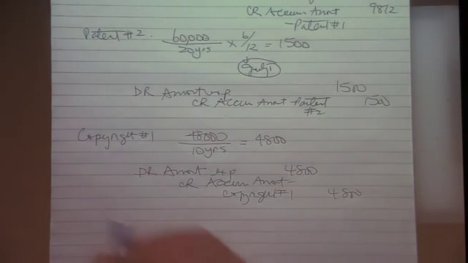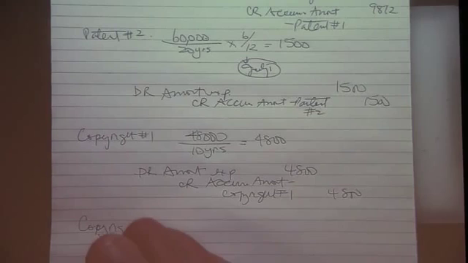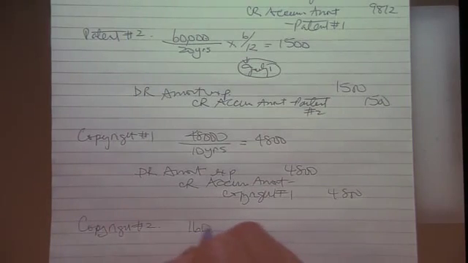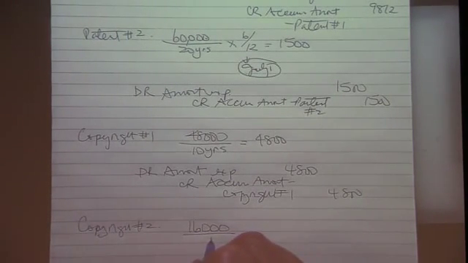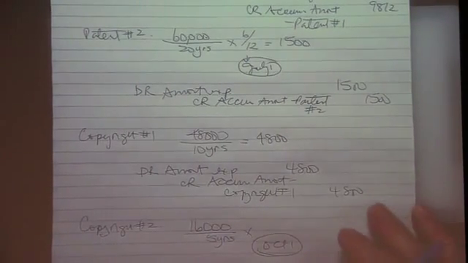And then finally, we've got copyright number 2. And copyright number 2 came about by October 1st purchased. So again, we need to calculate 16,000 divided by, this time it's 5 years. And because it's an October 1st purchase, how many months is that? 3 months, right?